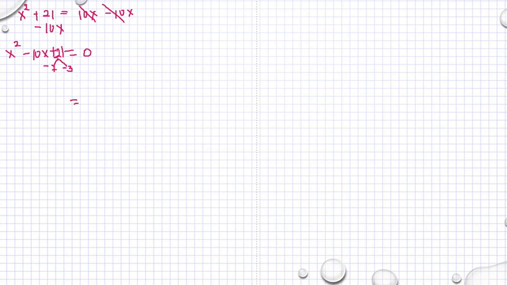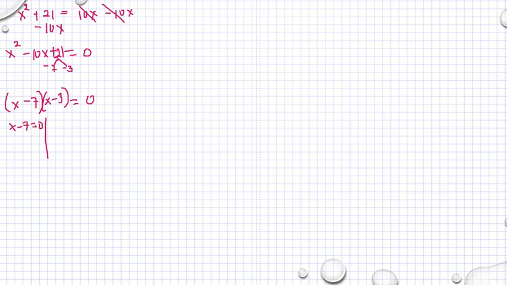I'll just remove this to make room. Then we have x minus 7, then x minus 3 is equal to 0. Negative 7 minus 3 is negative 10, so it's okay already. Then we have x minus 7 is equal to 0.